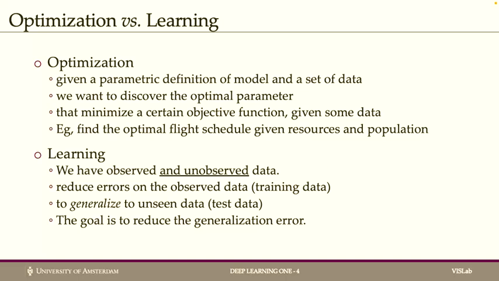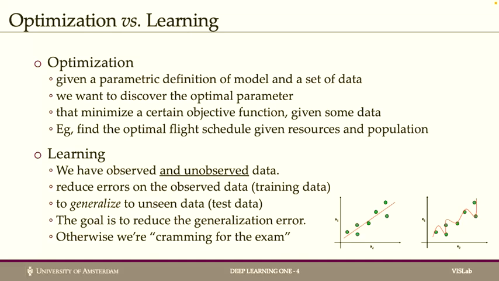We want to learn something that generalizes to unseen data instead of cramming for the exam. We don't want a model that learns everything by heart, just like we don't want students that learn just whatever is on the slides, but actually understand and generalize to new problems. You can also think of it this way, for example with the right plot, and we'll use this plot in many contexts.